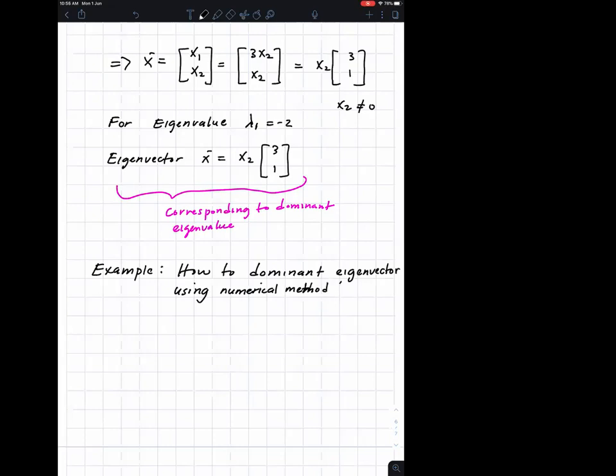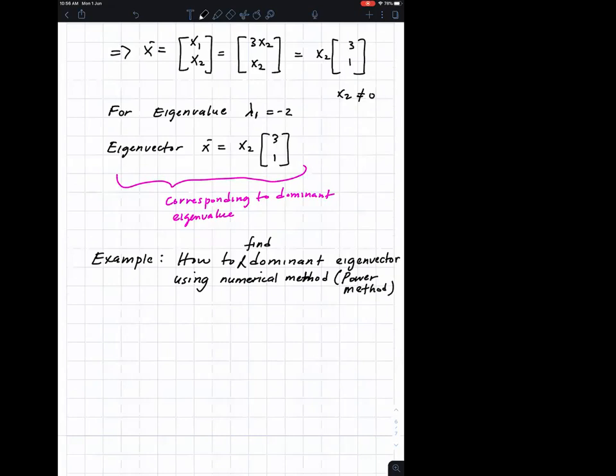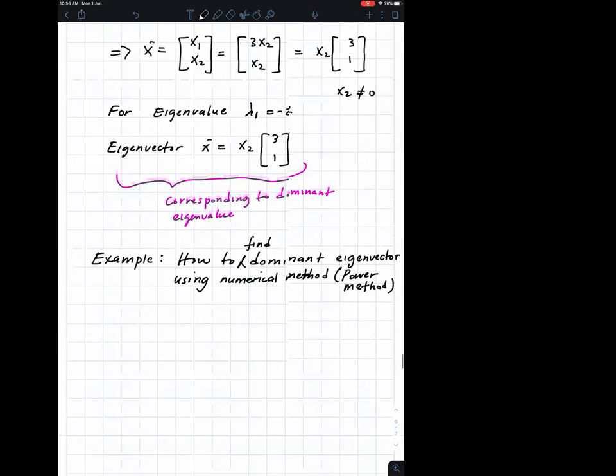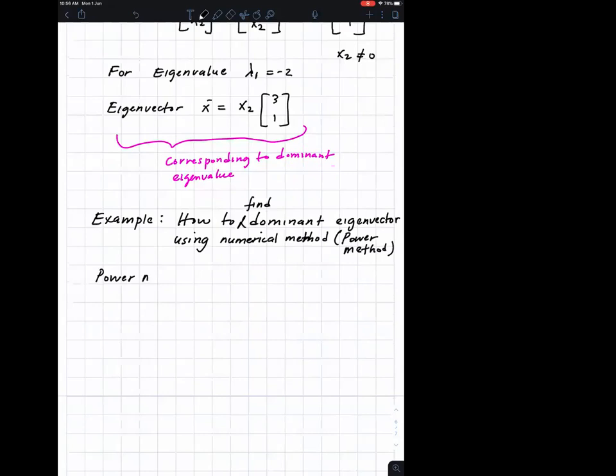This is also called the power method. They call this the power method.